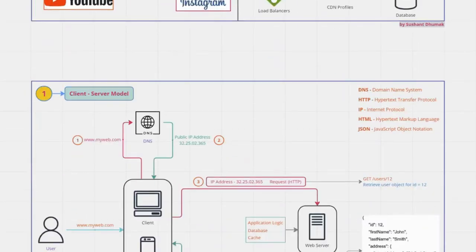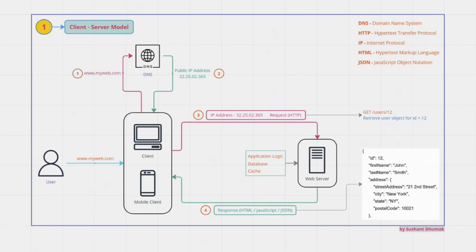And moving on to our first model, that is the client-server model, we have seen how a user will send a request. Like, the user knows that he or she has to access www.myweb.com through a web browser or mobile app. That request will go first to DNS, the domain name system, and the domain name system will provide the public IP address of the server that hosts this website.